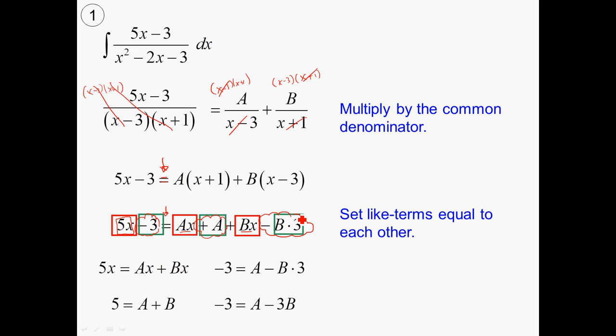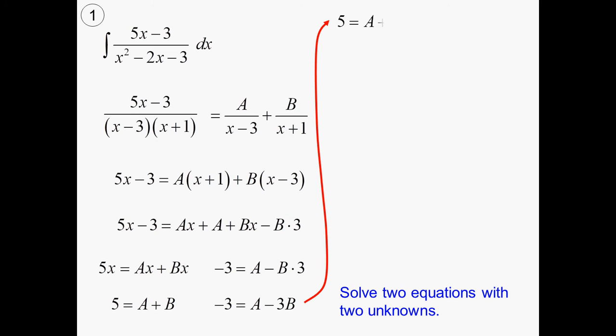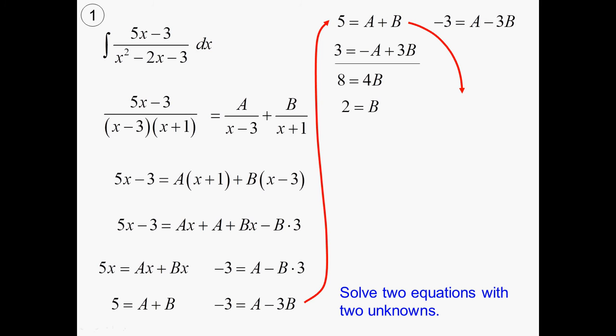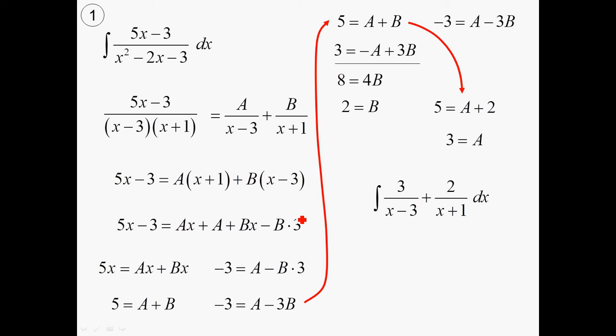This becomes a very simple solving for two equations with two unknowns. Now, I'm going through this kind of quickly because I'm going to show you a faster way to do this. But if you forget the faster way, this way always works. And this is just algebra. This is not even pre-cal, this part.